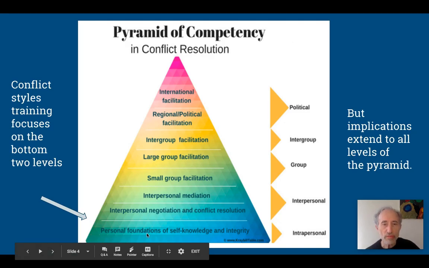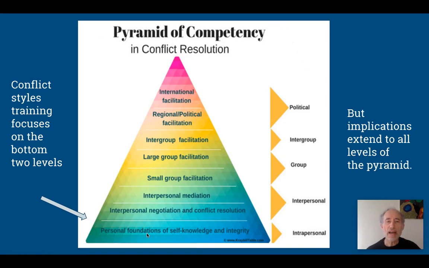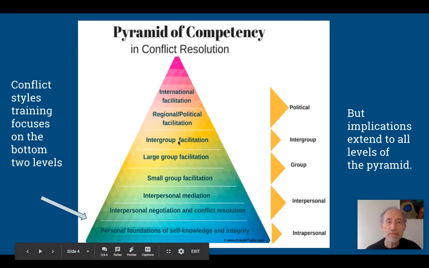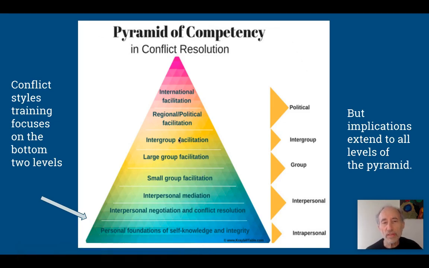And it's one of the reasons why our societies are in such difficulty, because we have never taken seriously the preparation of human beings with these layers of competency that are required if we're going to do effective conflict resolution at these higher levels.